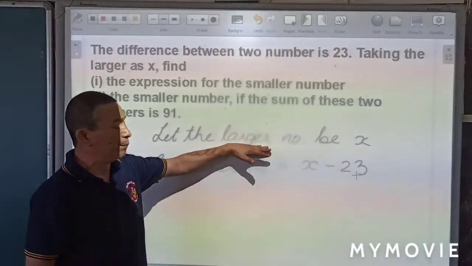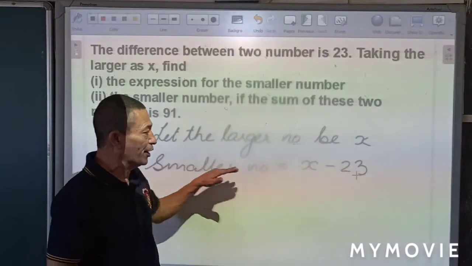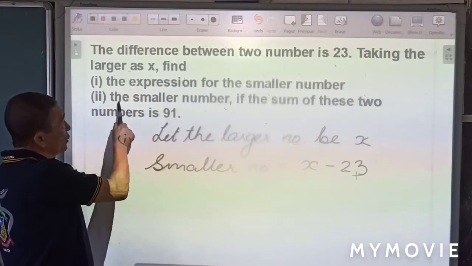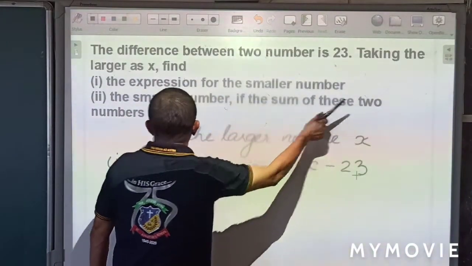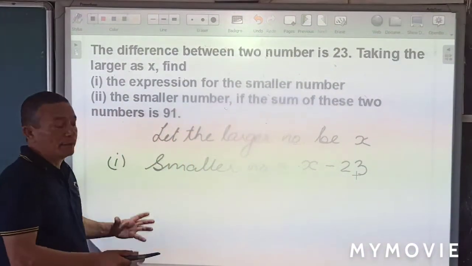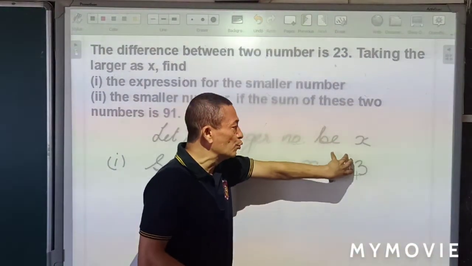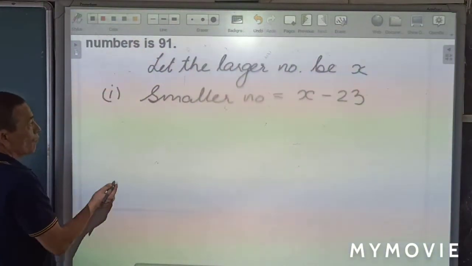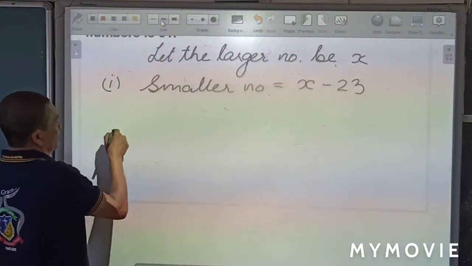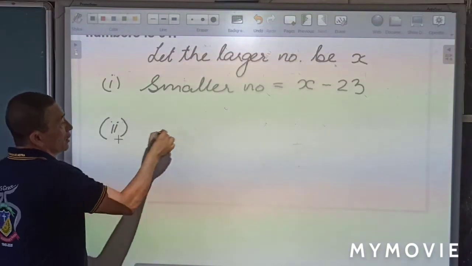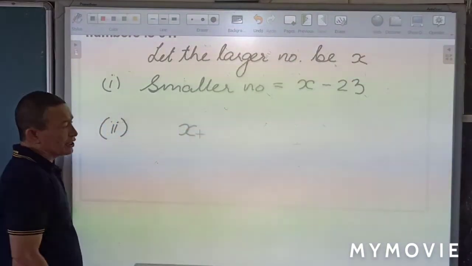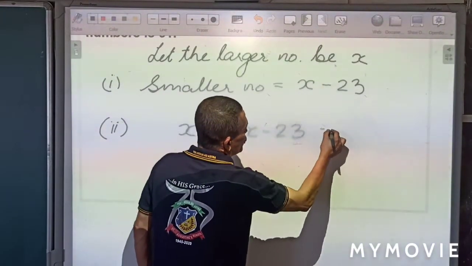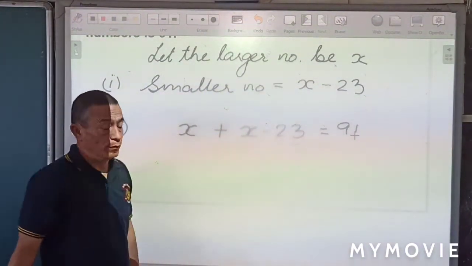Now I know the bigger number which is x, I know the smaller number which is x minus 23. They are saying find the smaller number if the sum of these two numbers is 91. So which means if I add these two, I'm supposed to get 91. So the second part, I can use the equation number 2. The larger number x plus the smaller number x minus 23 should give me 91.